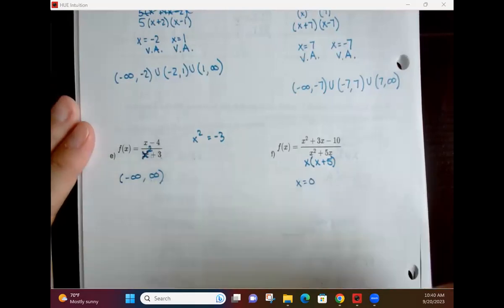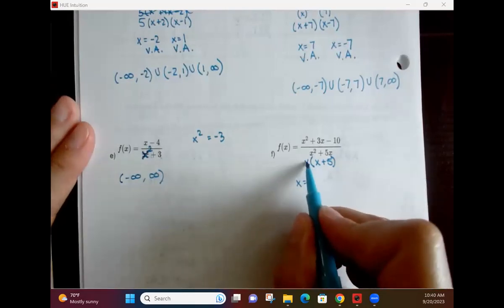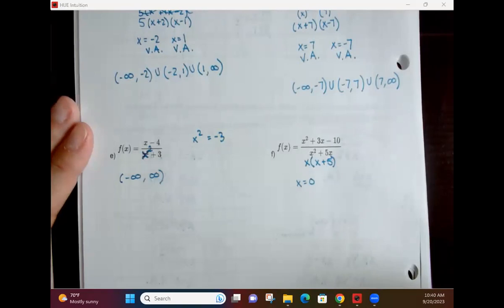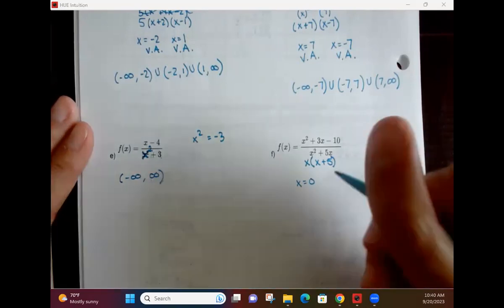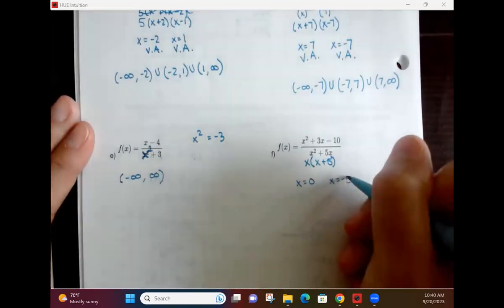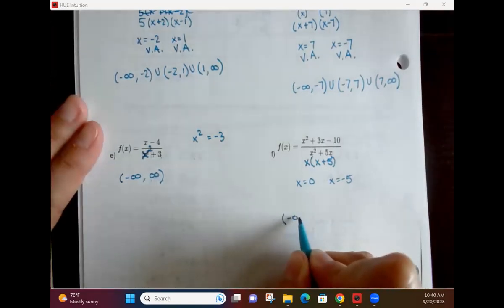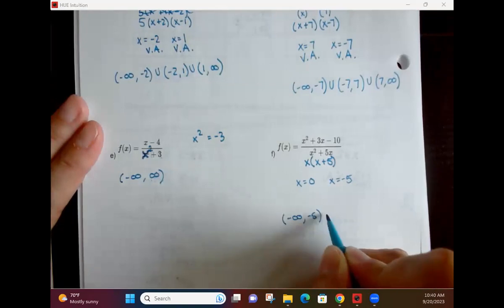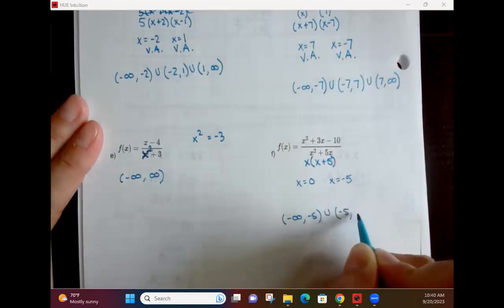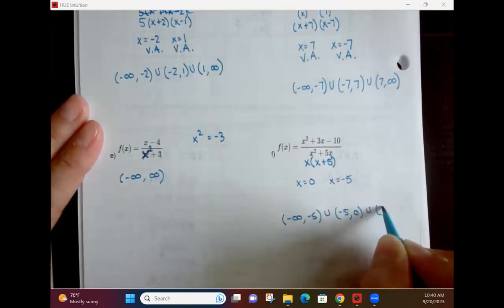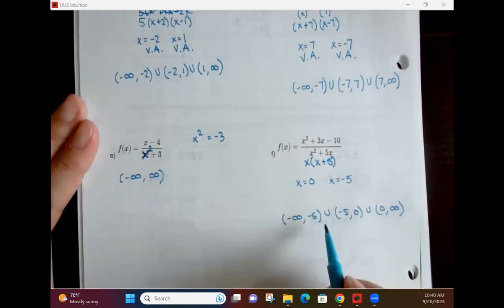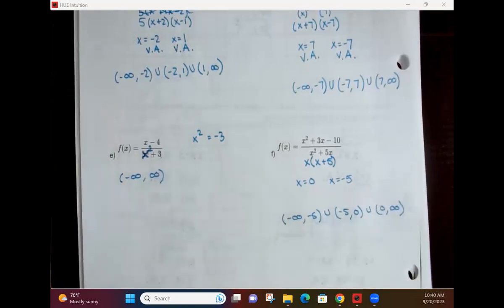X cannot be 0. If I plug in 0 here, then the whole bottom would be 0. And then there's one more. What else can X not be? Negative 5. X cannot be negative 5. So I know my domain would be negative infinity to negative 5, and then negative 5 to 0, and then 0 to infinity. Right? Splitting my domain up everywhere that I have one of those excluded values.